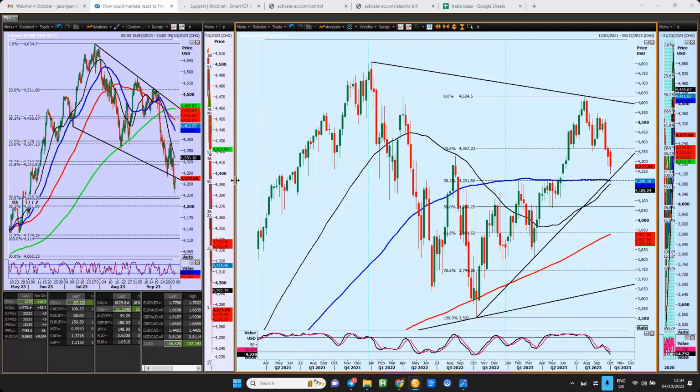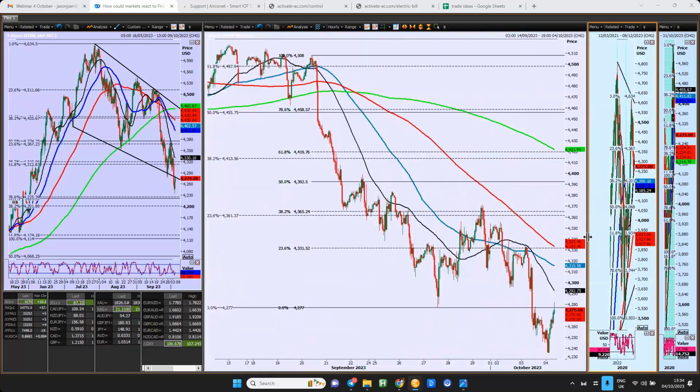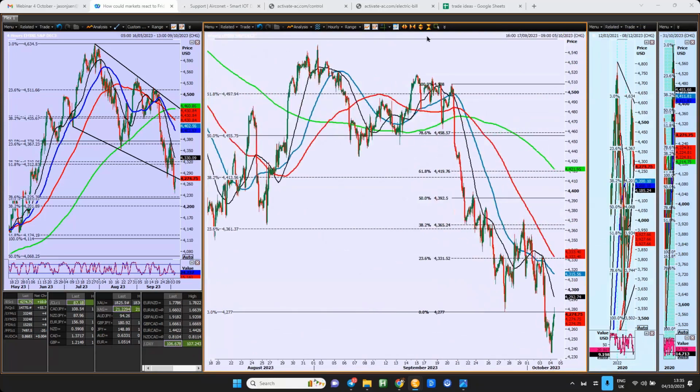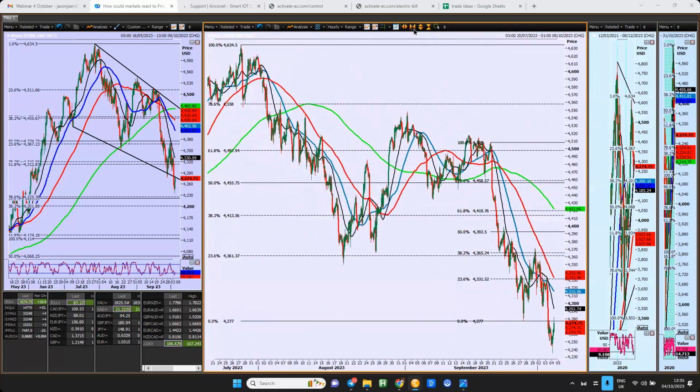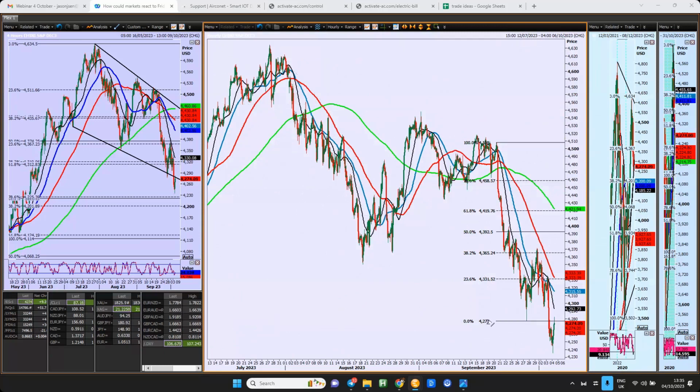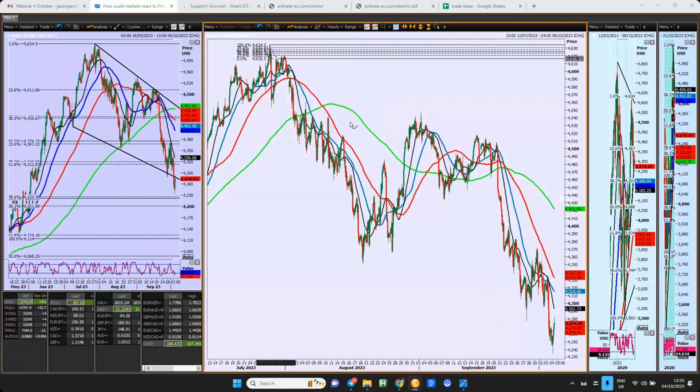On the bounce, hang on. I'm just going to get on the hourly chart, put my fib levels on there. I'm going to assume that the S&P has probably bottomed out for now, because we bounced nicely from just above that big level.